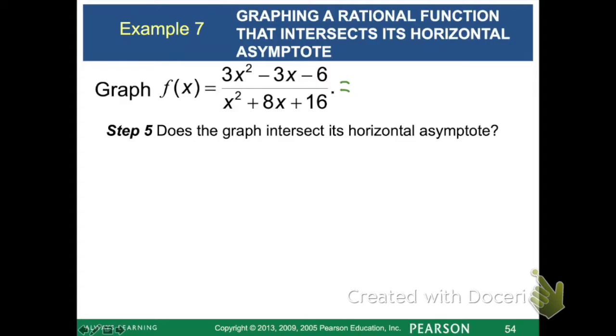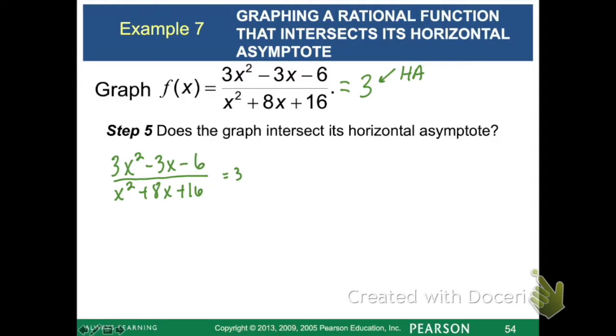Step 5, we need to figure out if our graph intersects the horizontal asymptote. Remember, our horizontal asymptote is at y equals 3. So we're going to take our equation and set it equal to 3. The way that we're going to solve this is we need to get rid of the fraction.